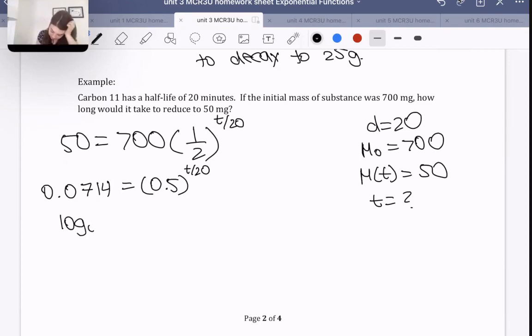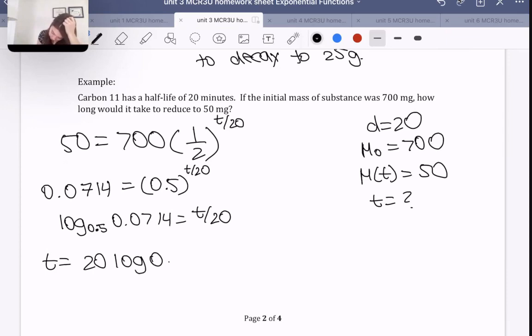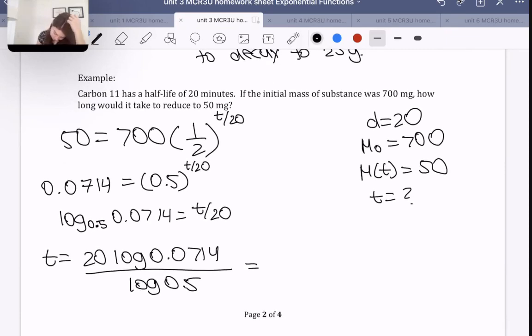Logarithm with a base 0.5 to the power of t over 20. So therefore t is equal to 20 times logarithm 0.0714 over logarithm 0.5.